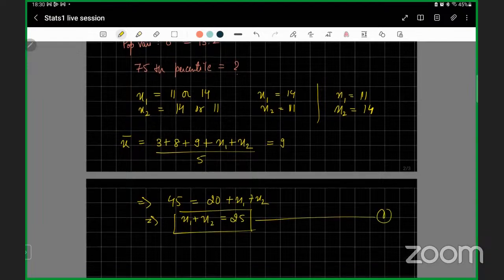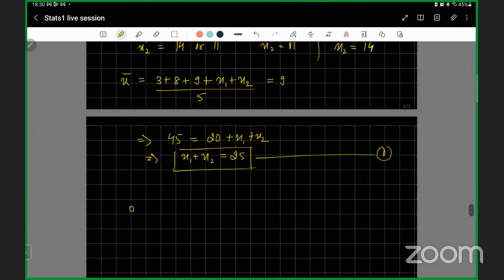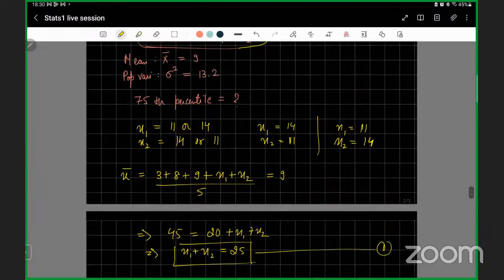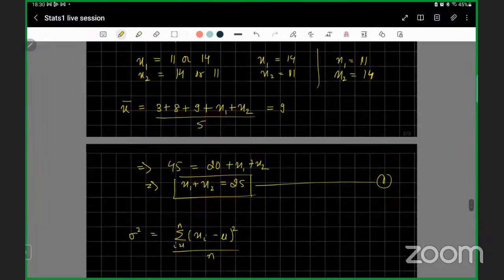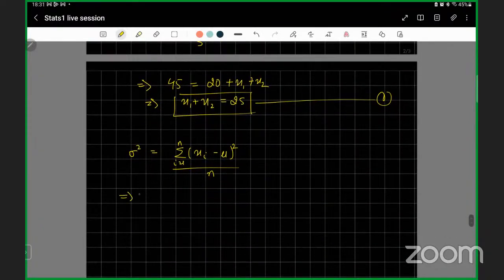Let's keep it there. Now population variance is the sum over xi minus mu whole square, i varying from 1 to n, divided by n. And this is given to be 13.2. And what is n?